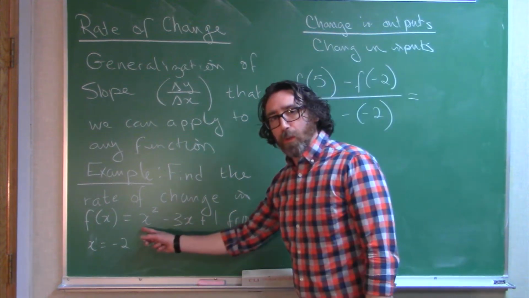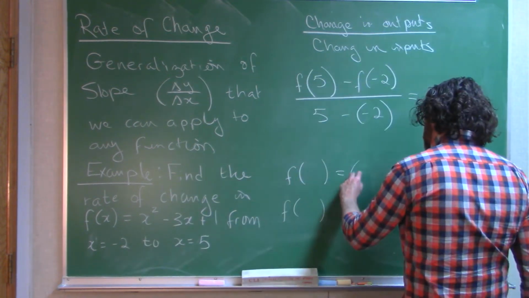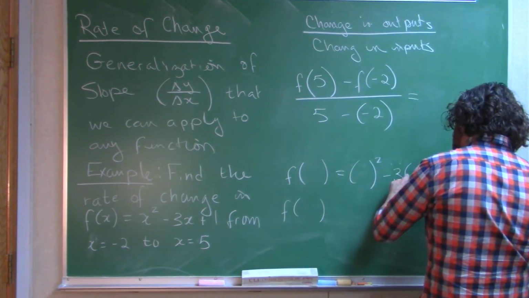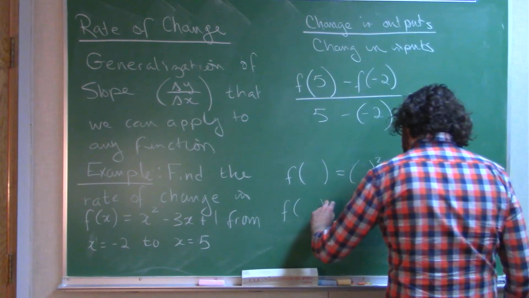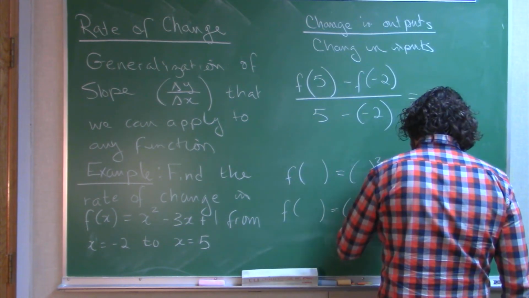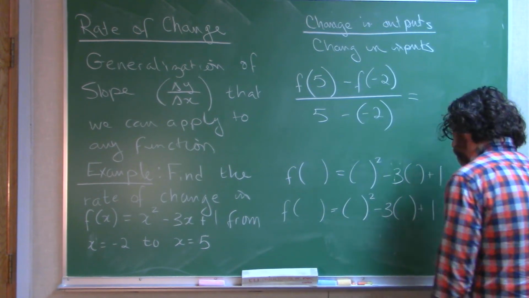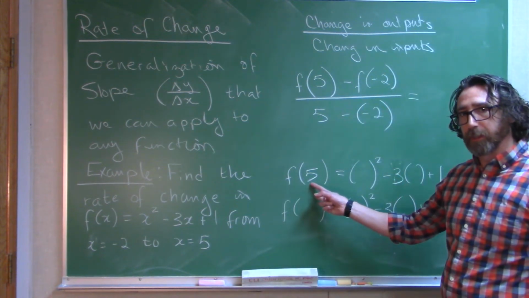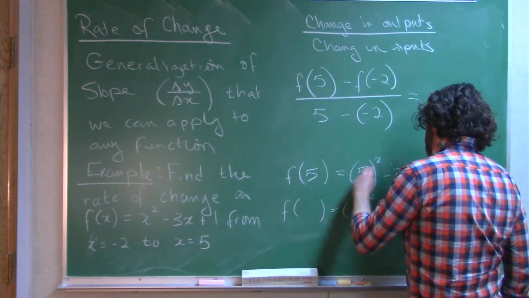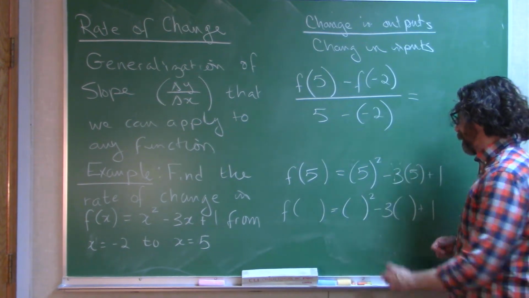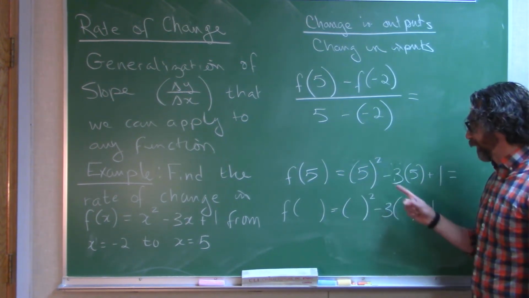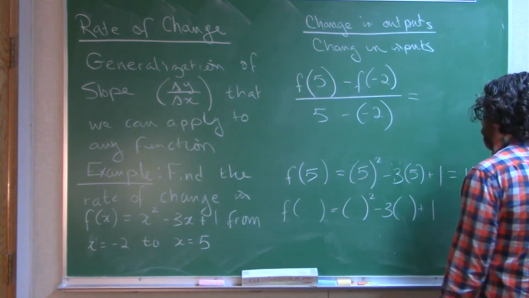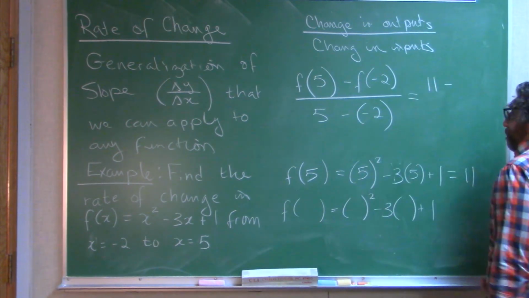Remember back in the video about function notation, I talked about replacing the x's with these blanks. Okay, so if I want to find f of 5, I put a 5 in the parentheses on the left-hand side, and I have to replace all the blanks on the right-hand side with 5s. 5 squared is 25, 3 times 5 is 15, 25 minus 15 is 10, plus 1, f of 5 is 11.